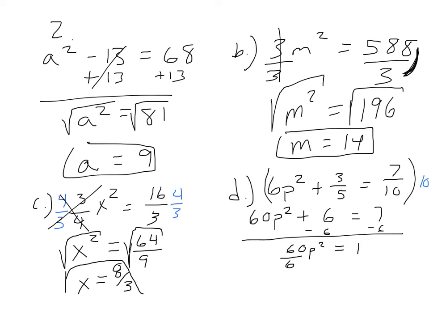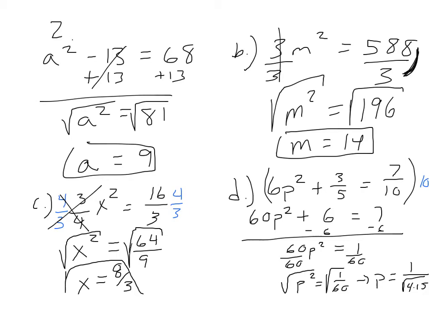And when you divide by 60, you'll see p squared is equal to 1 over 60. Well, to get p by itself, let's square root both sides. And we can see p is equal to the square root of 1 on top is just 1, and the square root of 60 is the same as saying the square root of 4 times the square root of 15.